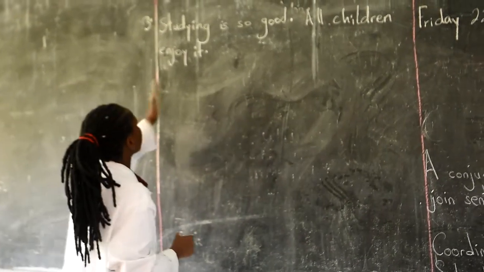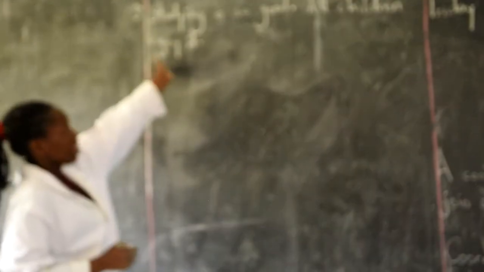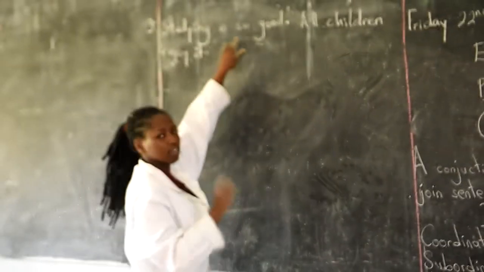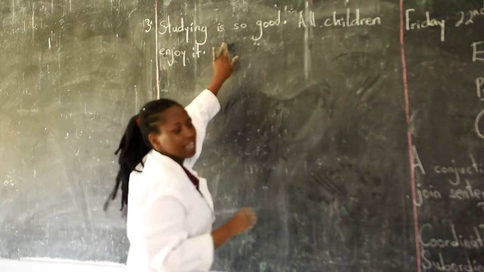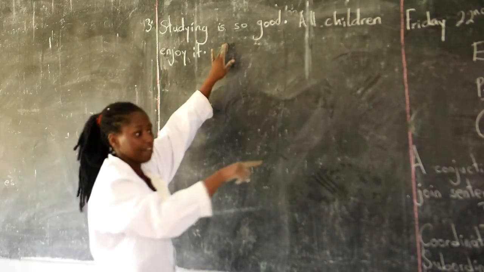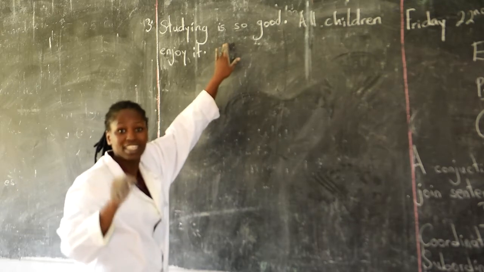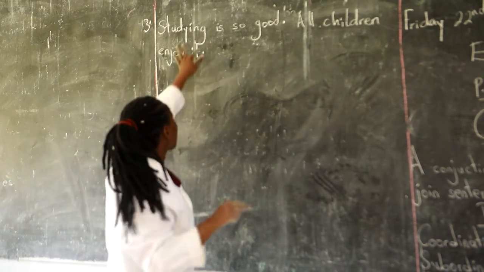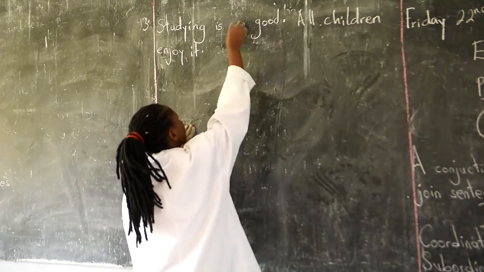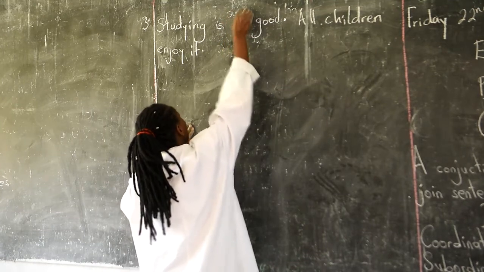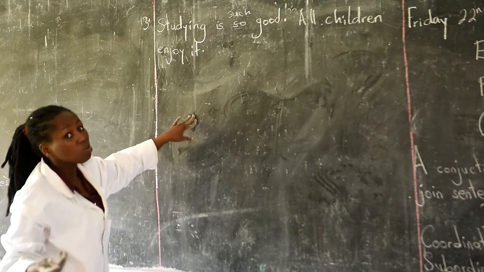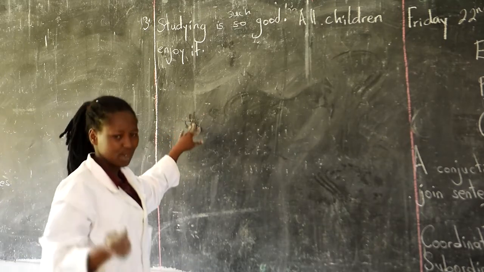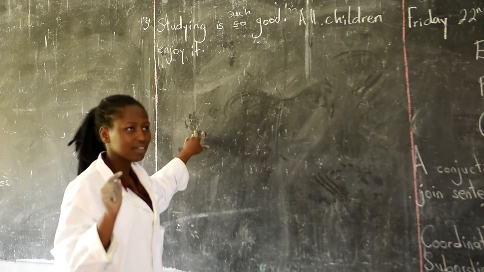Now, "so" in "studying is so good" is expressing degree, just like very. We don't include it in our answer. So studying is such. Good. Can we say an good or a good? We use a good.